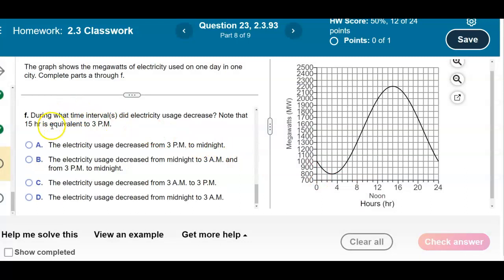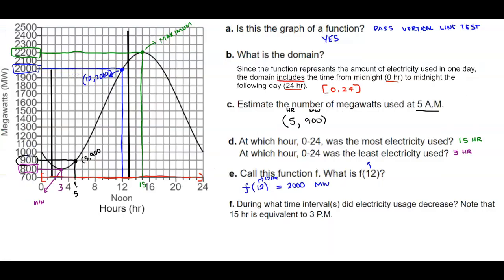Now let's take a look at F. It says, during what time interval did electricity usage decrease? And note that the 15th hour is equivalent to 3 p.m. So what we need to do is find out where it decreased. But remember, let's just go ahead and find out where it decreased and where it increased.